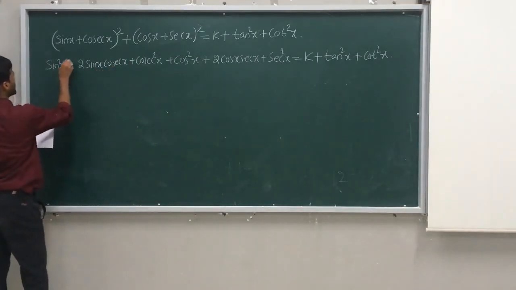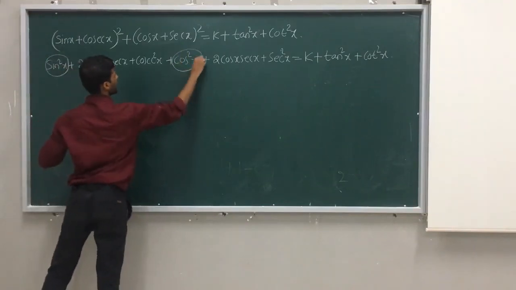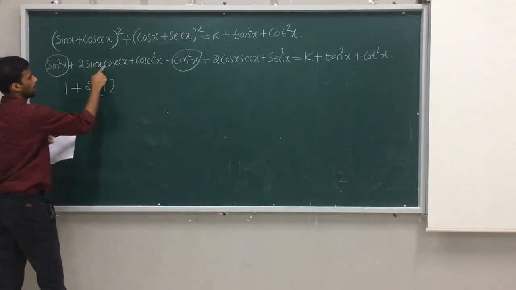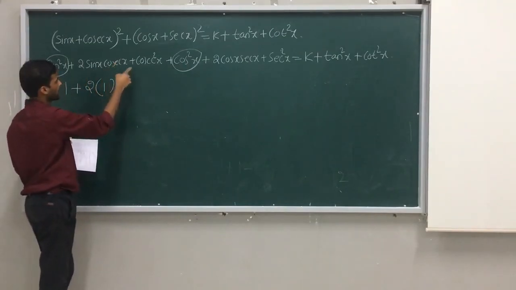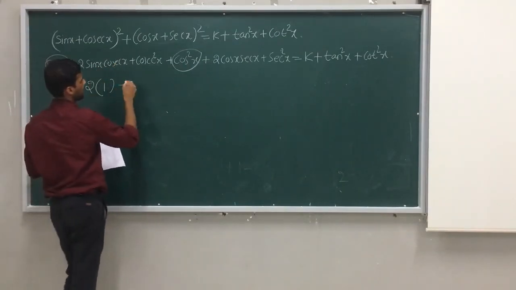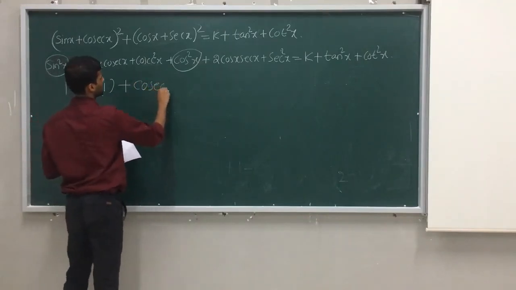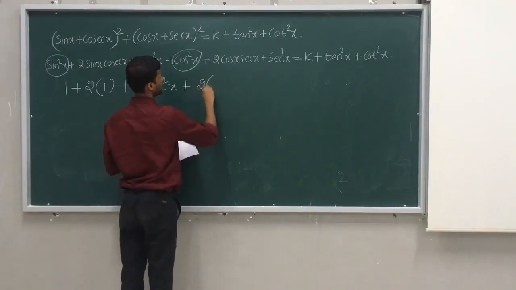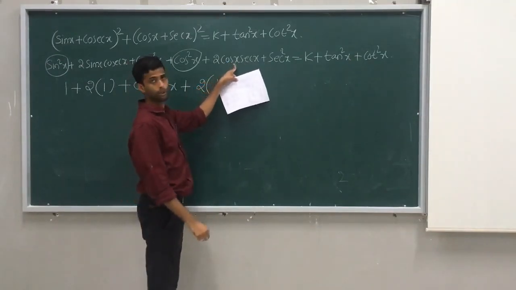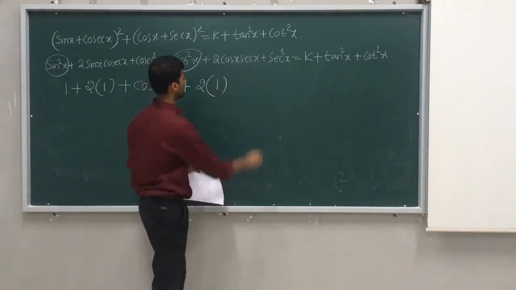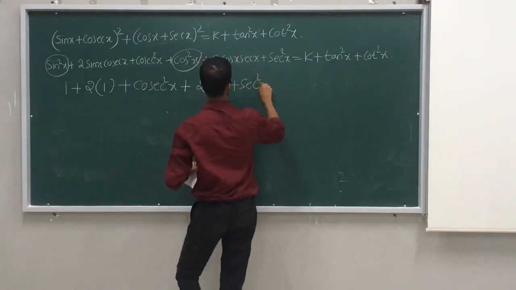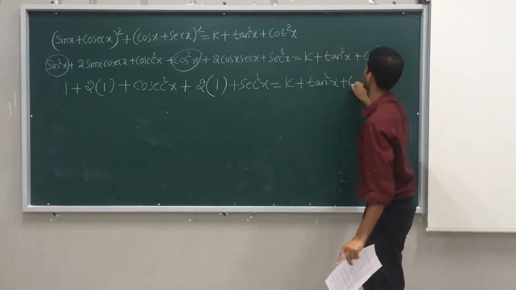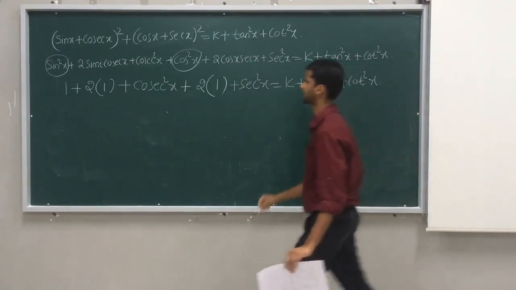So see here, sin square x plus cos square x, answer is 1, plus it is 2 into 1 because cosec x is the reciprocal of sin x, 1 by sin x. Sin x gets cancelled. Then cosec square x, I will keep it as it is. Plus here also they are reciprocal, 2 into 1 because sec x is the reciprocal of cos. So cos can cancel. Plus sec square x is equal to k plus tan square x plus cot square x.